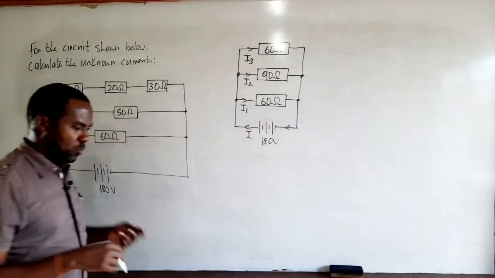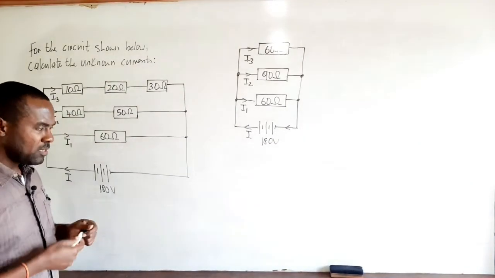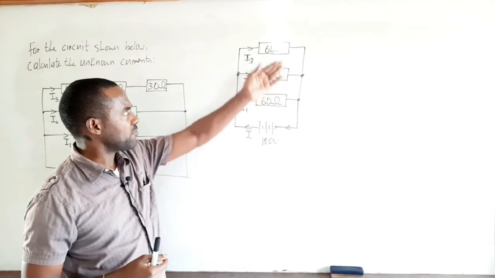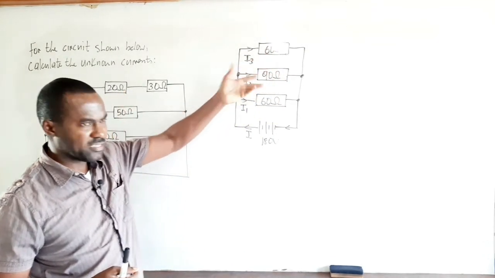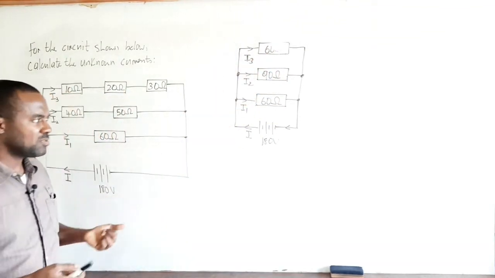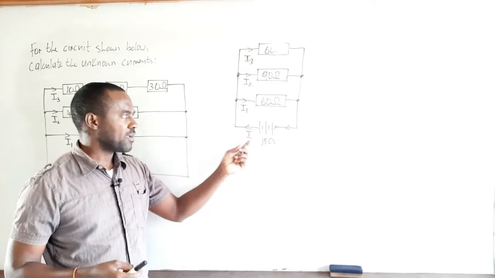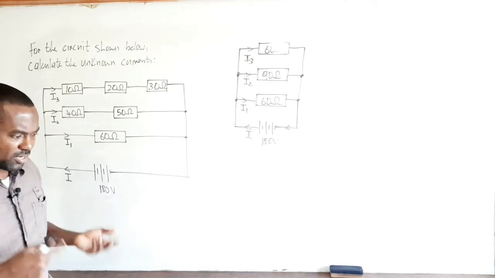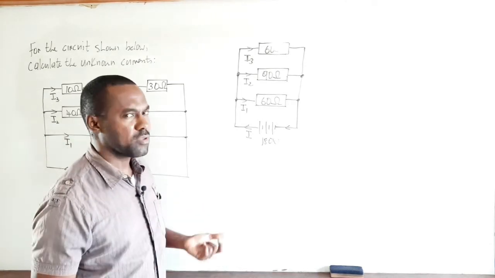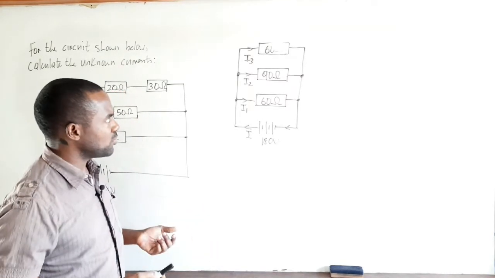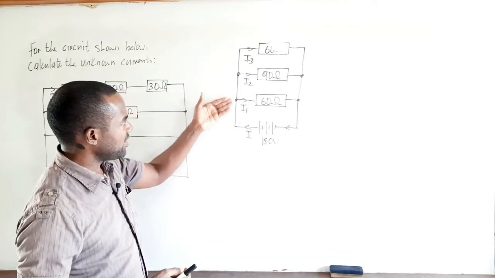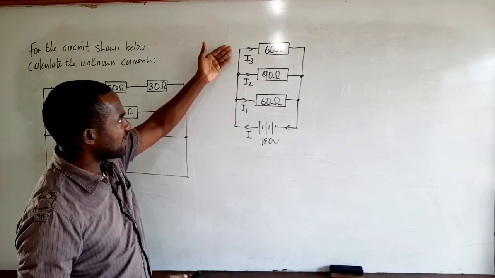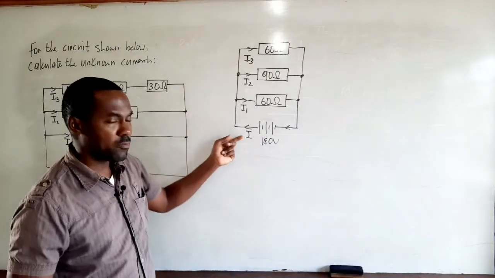So, one approach would be to find the total effective resistance of the entire combination and then use that with the PD to find the total current I. That would be one approach. But usually, in any question, there's more than one approach. And the other approach is to find the individual branch currents, I1, I2, I3, and then add them up to give the total current I.